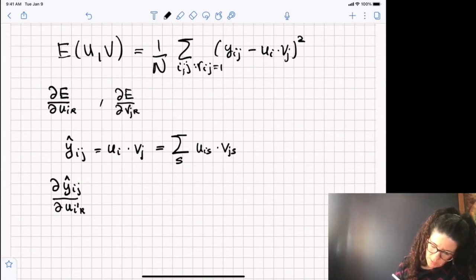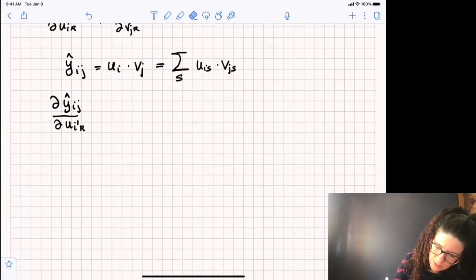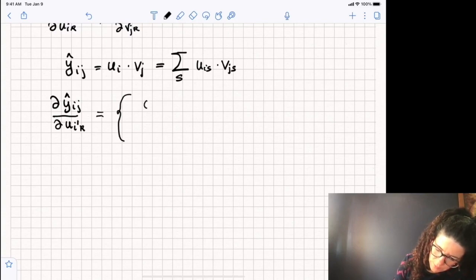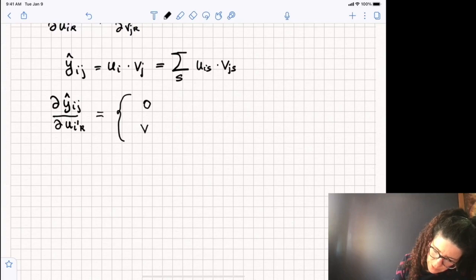What I would like you guys to see, and I'm going to discuss this later, is that this here is either 0 or vjk. This is 0 if i and i prime are not the same, and this is vjk if i is equal to i prime.